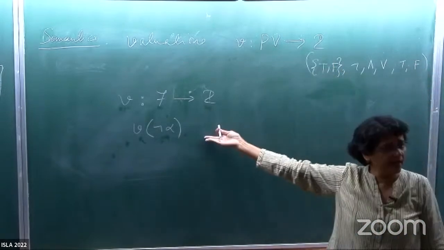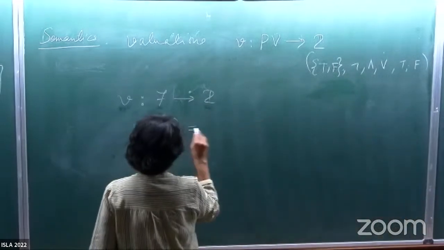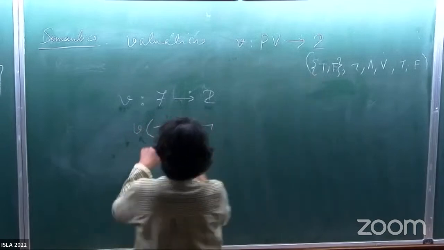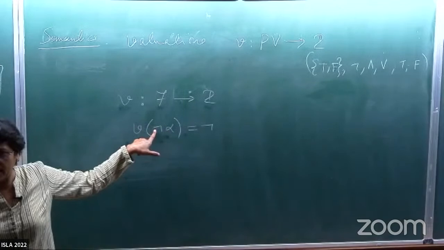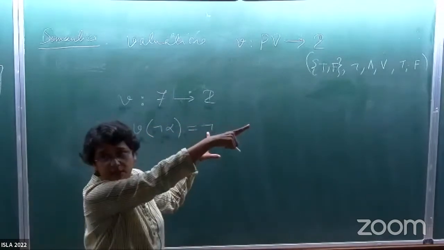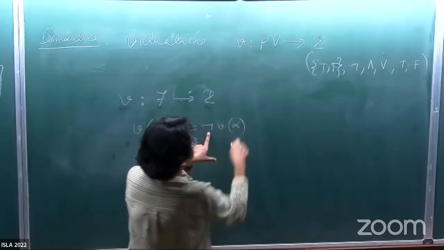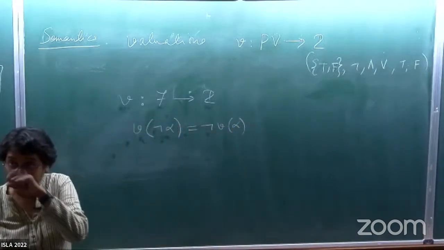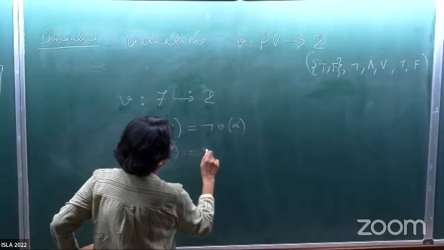So clearly we will take recourse to those. So when I take V of not alpha, and I'm defining it as not, please understand I'm abusing notation. This is in the syntax in our language, while this is the operation in the set 2. So obviously we would want to define it this way, right? And similarly for the others.